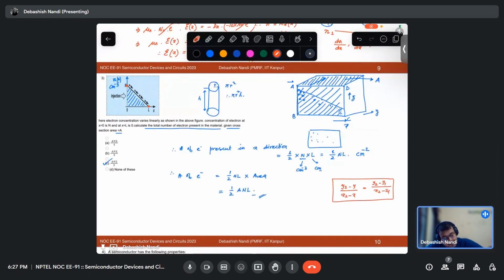If a straight line is passing through 2 points, x1 y1 and x2 y2, then this will be the equation. Then you simply make y a function of x and integrate it from 0 to L.